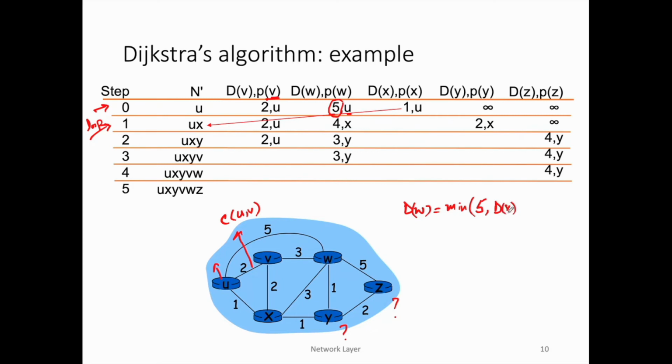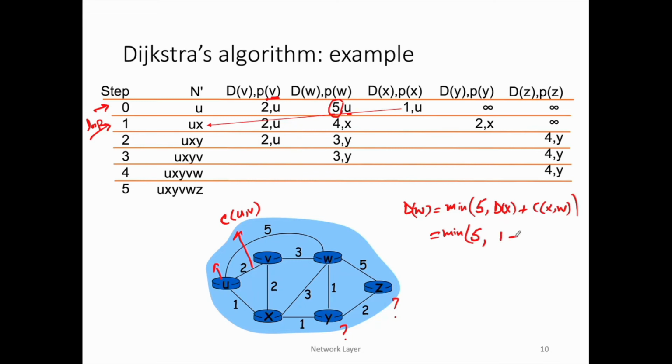Yes, so the newly added node into N is X, plus the cost to reach from X to W, right? So let's try to calculate this. We'll take the minimum of the previous cost, which is 5, and the cost to reach X. What is the cost to reach X? Yes, we know 1.